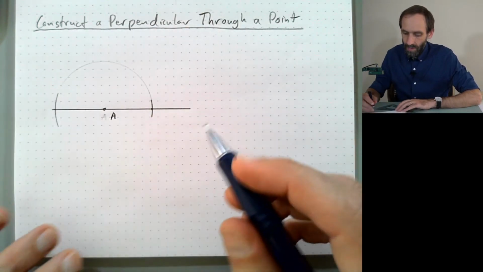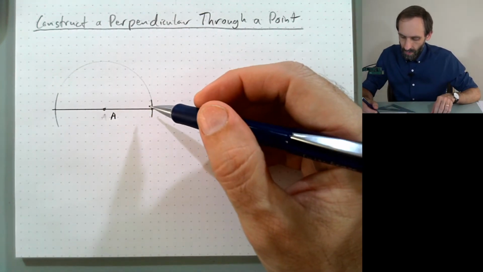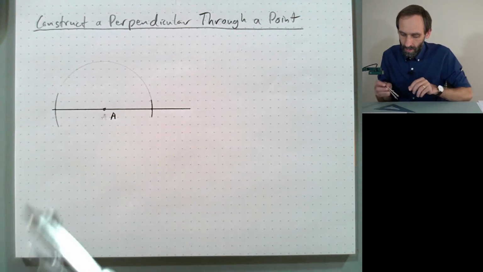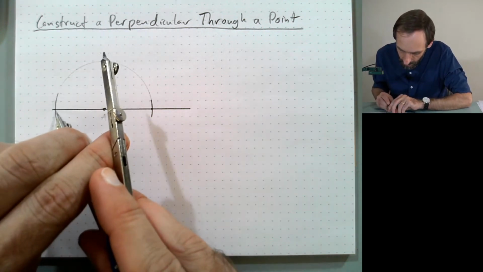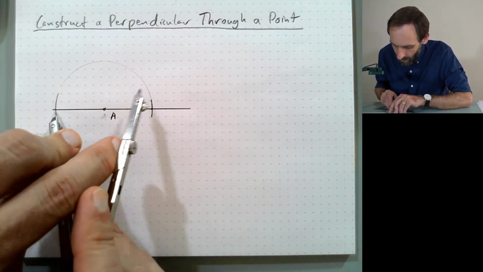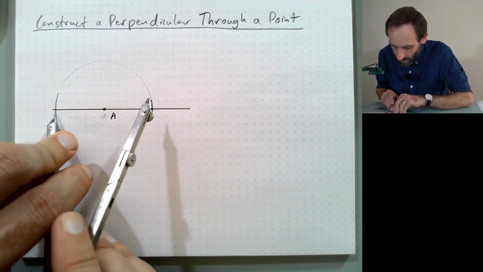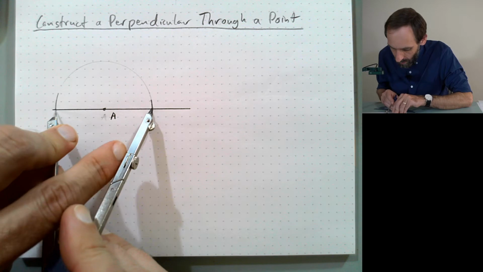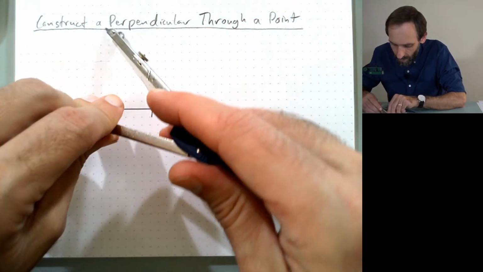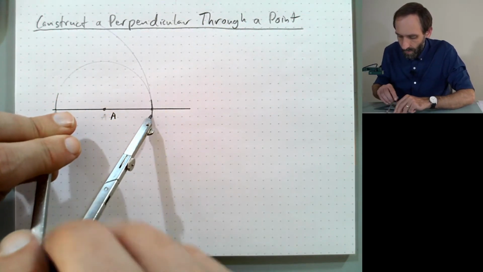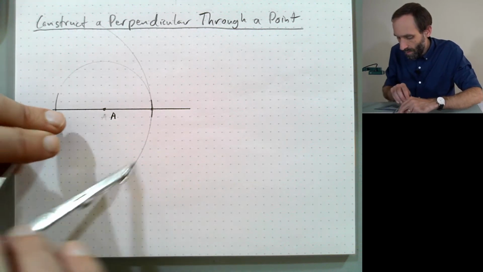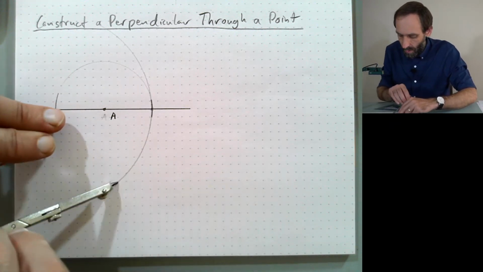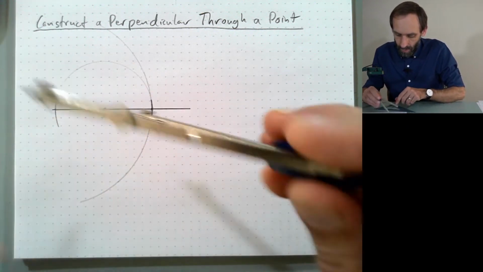And now in order to construct a perpendicular, we can construct an equilateral triangle on this subsegment, the segment that connects these 2 points. I'm actually going to do it below because I'm running out of space.